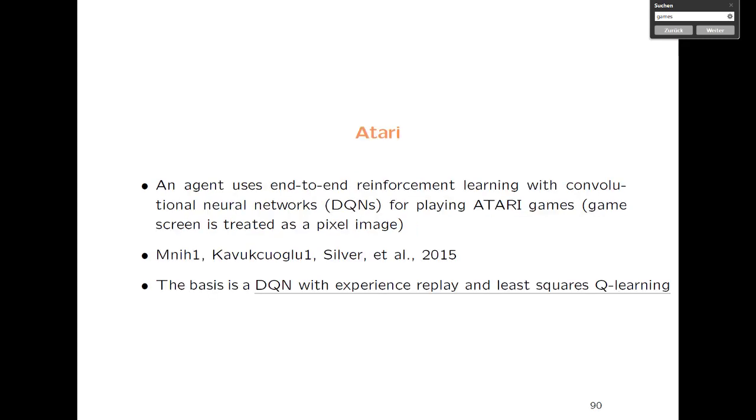Earlier was Atari. Maybe that was the first success of DeepMind in this domain. And interesting here, it actually reads the game as an image, so it uses convolutional neural networks, or DQNs.